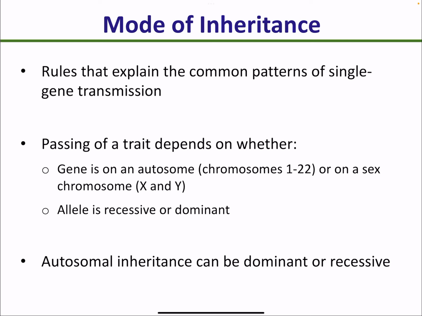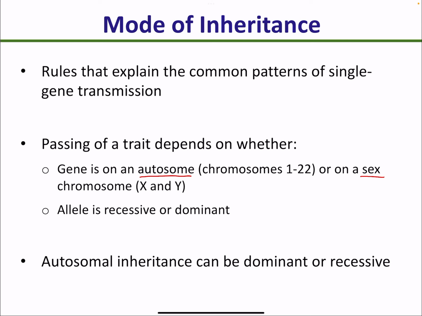So for us to come up with an easy way to explain the chances of passing down these genetic disorders to offspring, we have to divide chromosomes into the two different categories that exist, right? We know some chromosomes are autosomes, and some chromosomes are sex chromosomes, right?